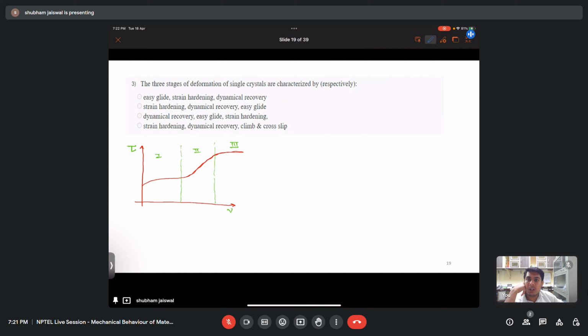What are the three different deformation stages in the single crystal? Okay, so here in stage 1, you can see that with increase in the strain, there is no significant change being observed in the shear stress.